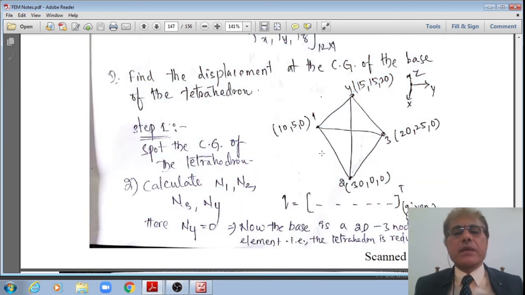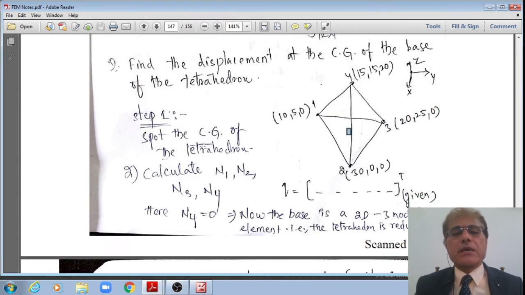Then what is asked is to find the displacement of the base of this tetrahedron. I think it is very simple, right? The base triangle 1 2 3 has coordinates x1 y1 z1, x2 y2 z2, x3 y3 z3, from which you can locate the CG of this base.